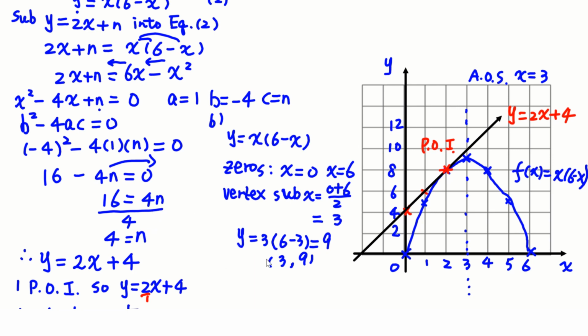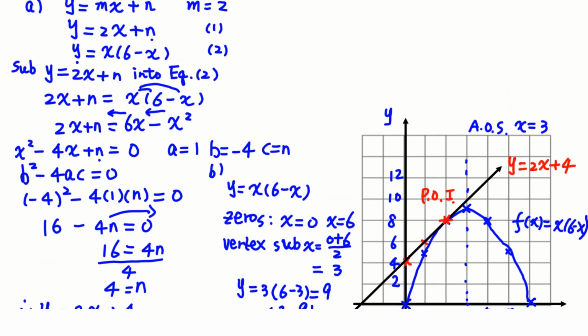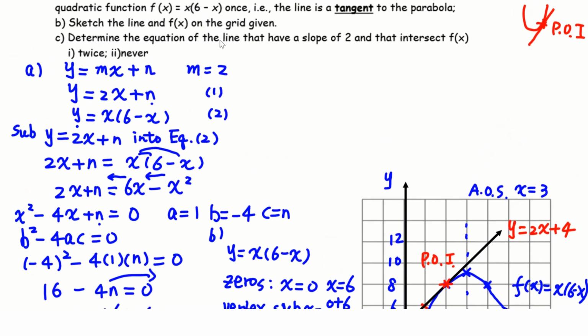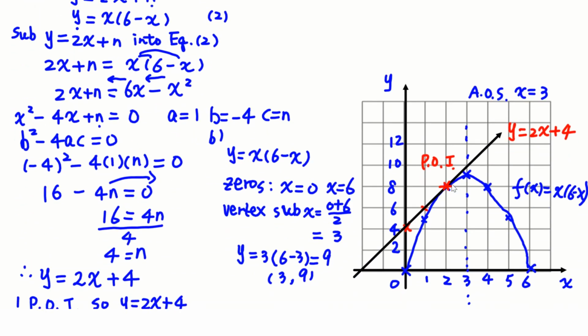Then this is question B, and question C asks you to determine the equation of the line that has a slope of 2 and intersects f of x twice. So you will see if we are able to move this line, in both directions with arrows. Move this line down, you will have two points of intersection.